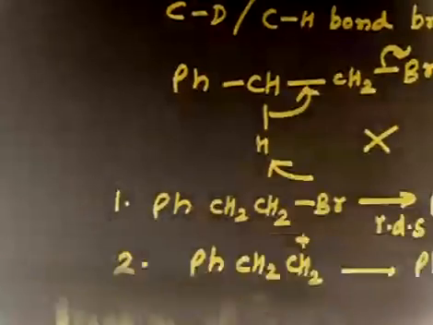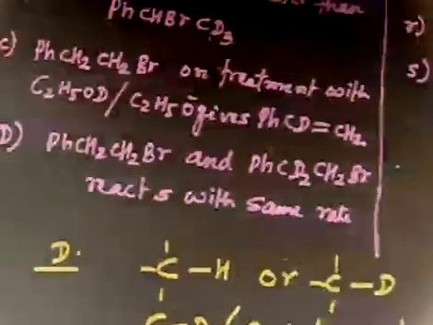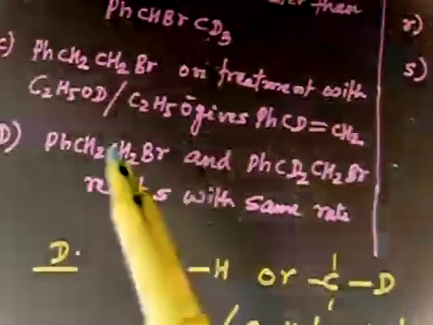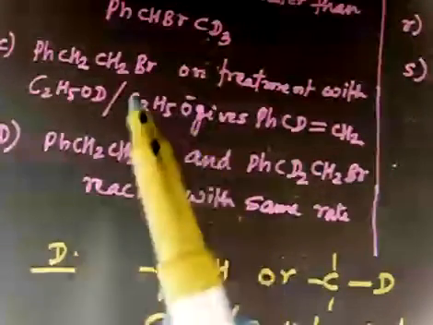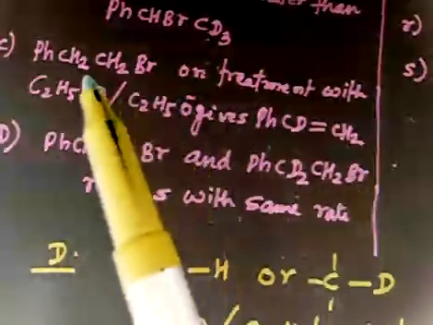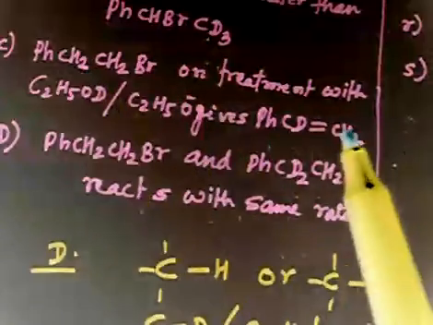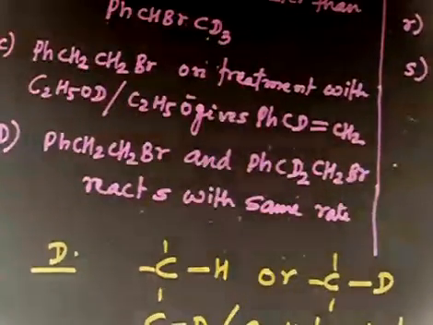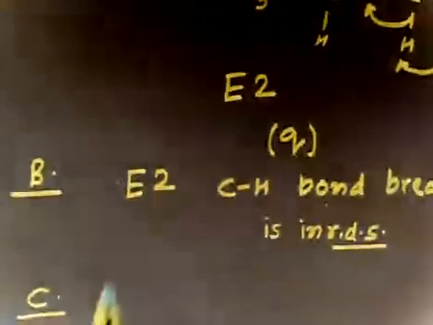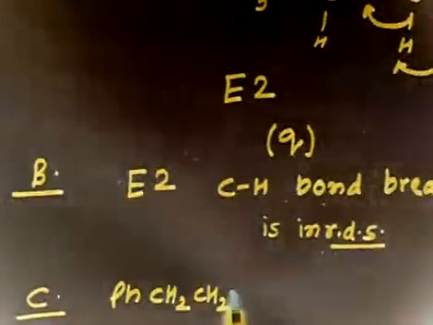Now if you see C1, you have this on treatment with this and this. So this is your base, and this gives this one. Now you see one hydrogen has been replaced on this carbon; now I am getting deuterium. How is this possible? Initially you have PhCH2CH2Br.